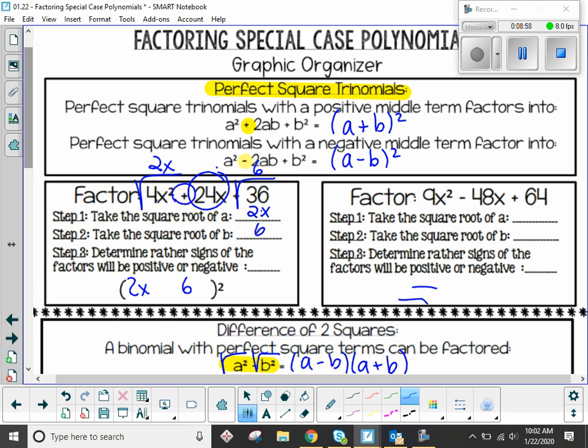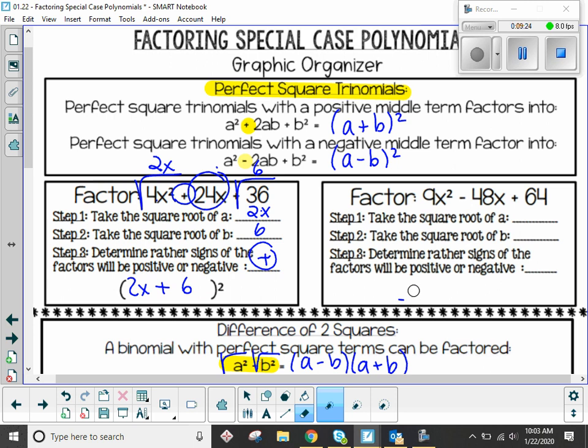If it's a plus, then your answer is going to have a plus. If it was a minus, the only difference is your answer is going to have a minus, and that's it. If you FOILed this out, because squared means 2x plus 6 times 2x plus 6, you'd get this back, because you'd have 12x twice, which is 24x.